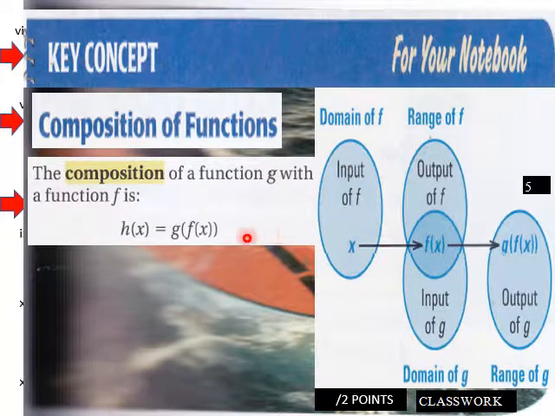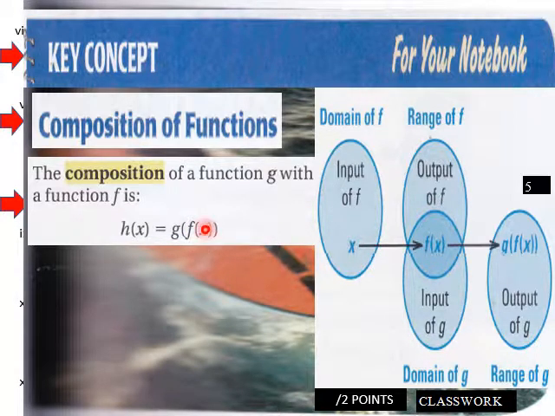So the input of f produces the output of f, which would be the input of g, which becomes g of f of x.